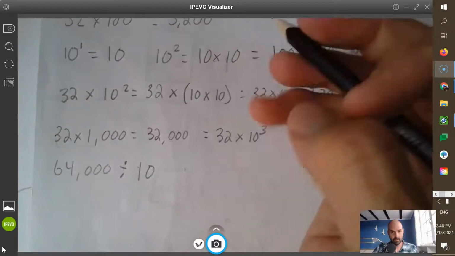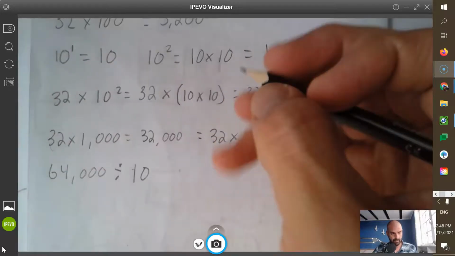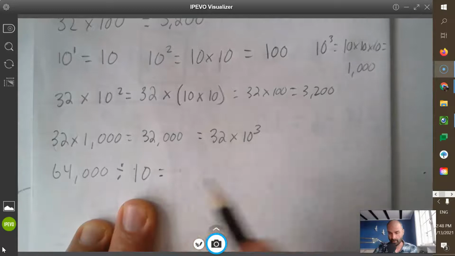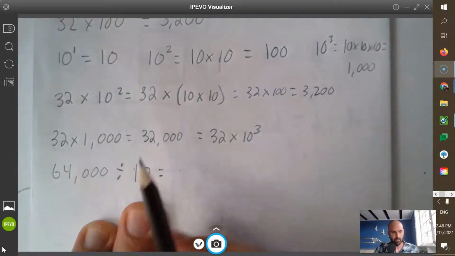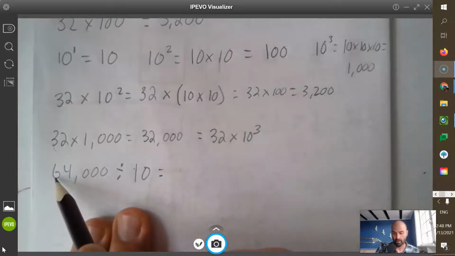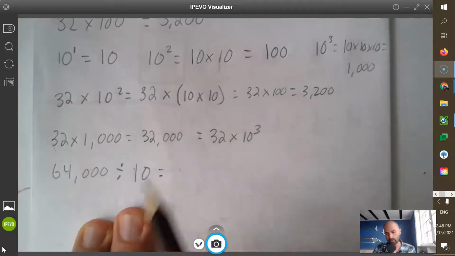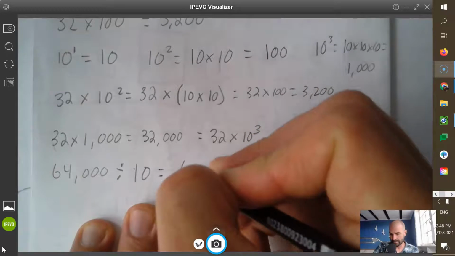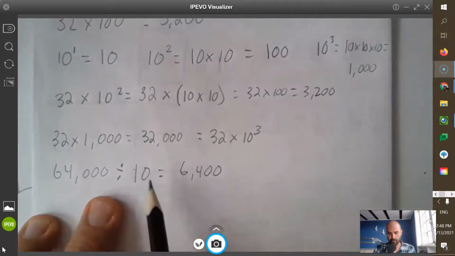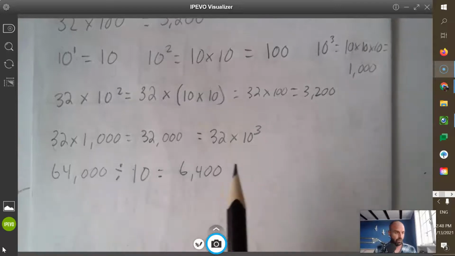Well, it's the opposite, right? Because division is the opposite of multiplication. And so when we're dividing by powers of 10, our whole numbers are going to decrease, or the number of zeros are going to decrease, or you can think of the digits going to the right. So this is 6,400. So we had 3 zeros, we divided by 10, now we have 2 zeros.